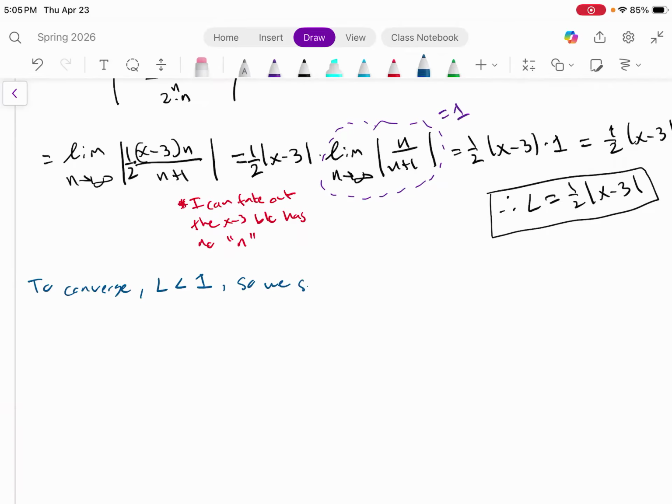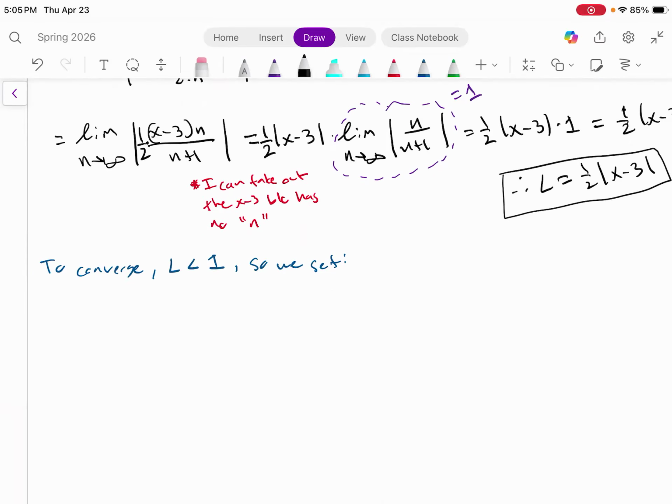So what we're going to do is set our limit less than 1 and solve for x. So we'll have 1/2 absolute value of x minus 3 less than 1, and we're going to isolate x. So 1/2, we're going to multiply 2 to both sides.